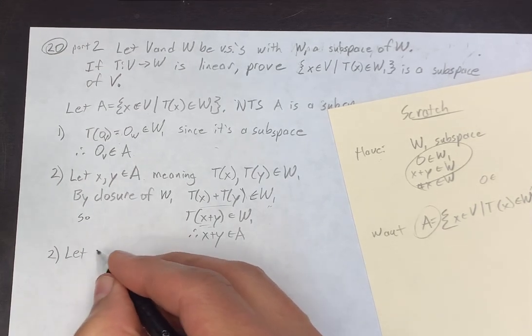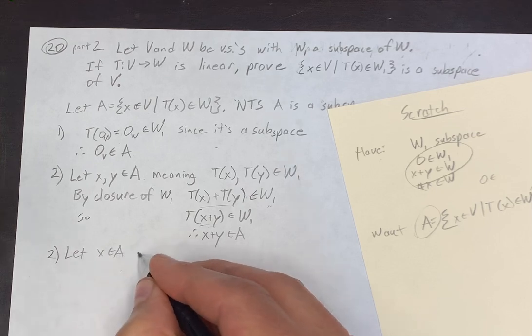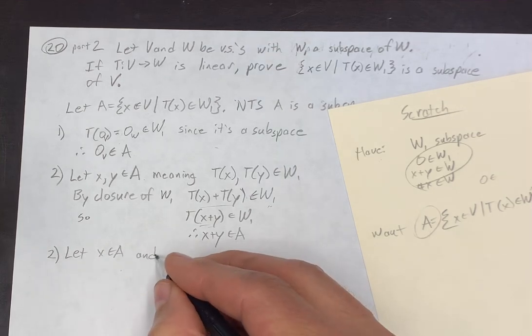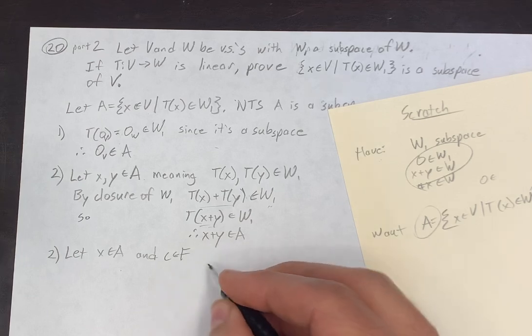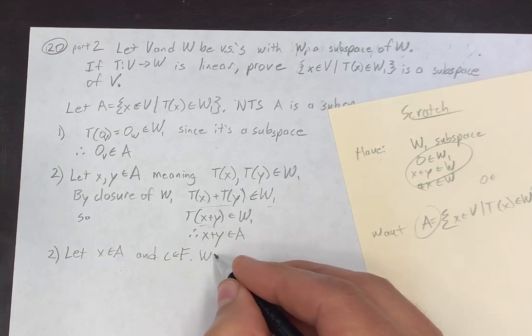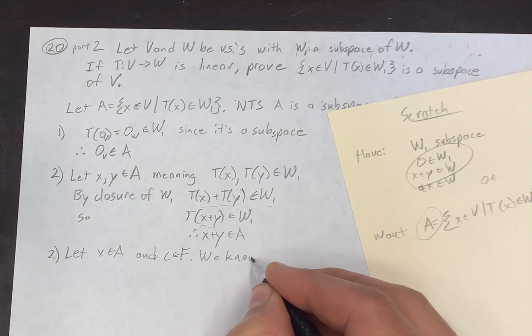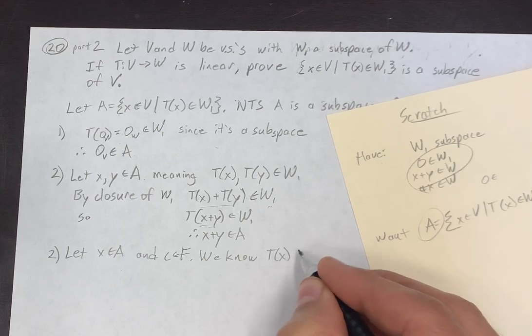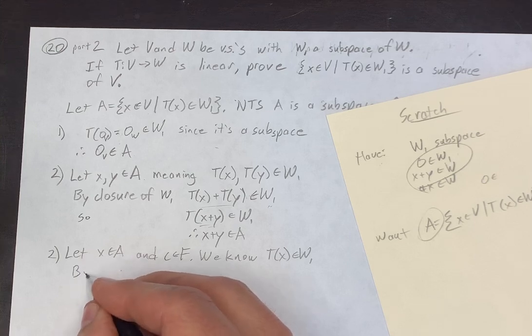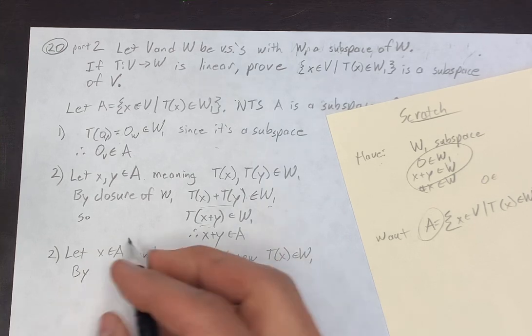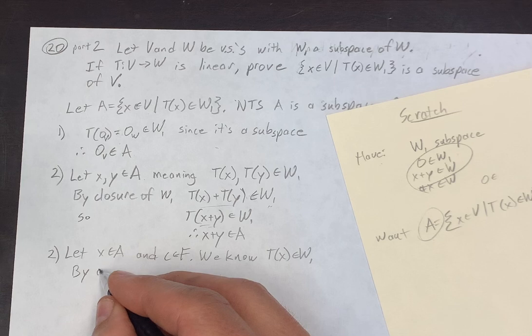Let X be in A and C be a scalar. We know T of X is in W1 by the closure under scaling.